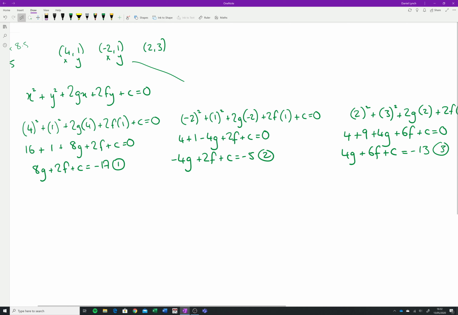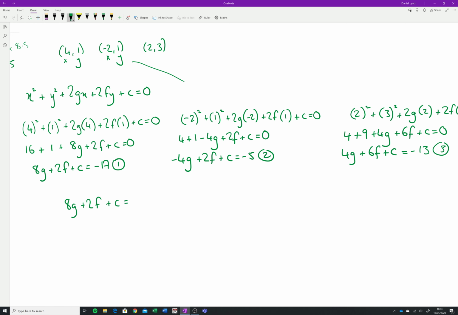Okay, it's simultaneous equations. It's just simultaneous equations. You will notice that the c's are primed to eliminate. And I also noticed that with 1 and 2, it's also primed for f's as well, which is by luck. That won't always be the case, but it will be very easy to eliminate the c's from everything.